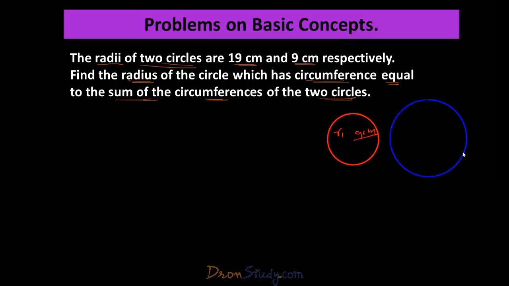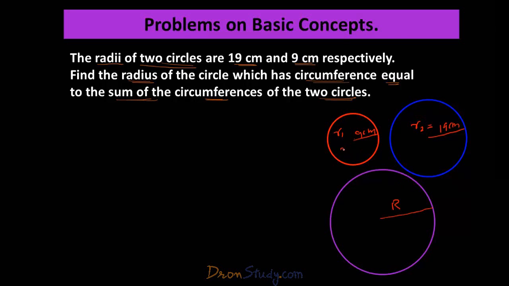And this is the other circle whose radius is given as 19 centimeter and it is denoted by R2, and let the third circle be there whose radius be R. Then it is said that the circumference of this circle, that is 2 pi R1, and the circumference of this circle, that is 2 pi R2, the sum of these two circumferences is equal to the circumference of the third circle.